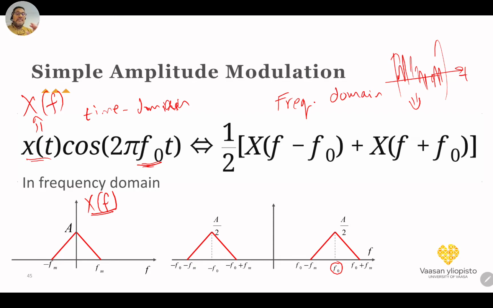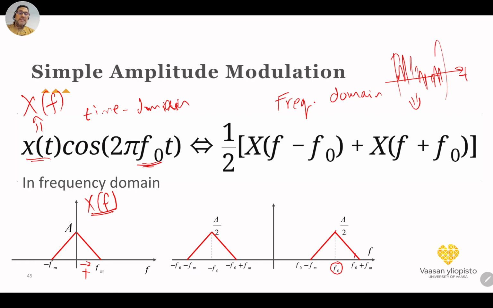Actually, there's one nice property here, which is why we draw this mirror in the negative frequency. Usually we have only positive frequency, we don't have negative frequency. But the imagination that we have a mirror in the negative part came from this property, because when we do this multiplication, we get a double of the signal.